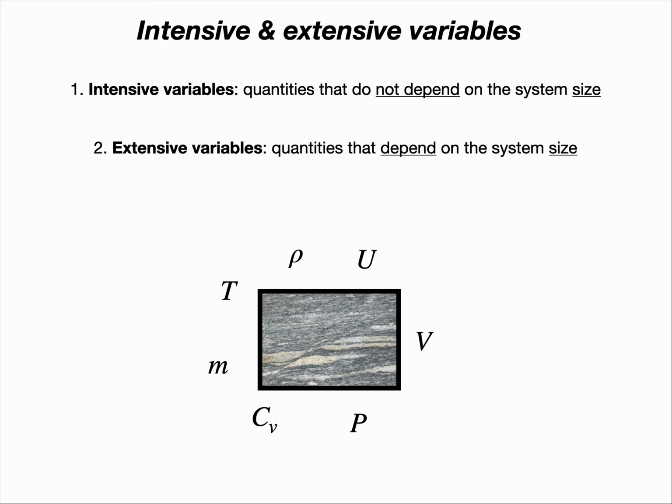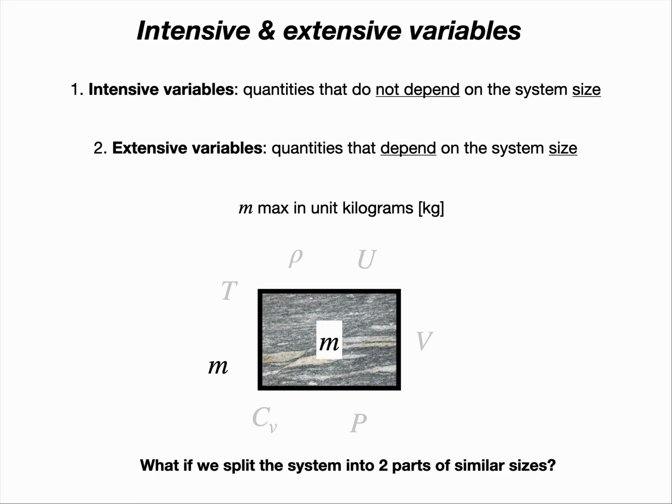So let's make a little example. We have our part of the universe, our system here, and we have different metrics. We have an internal energy, a volume, a pressure, a heat capacity, a mass, a temperature. Which one can be used to define the size of the system? Some of these variables define the size of the system, some do not. Let's first look at the mass.